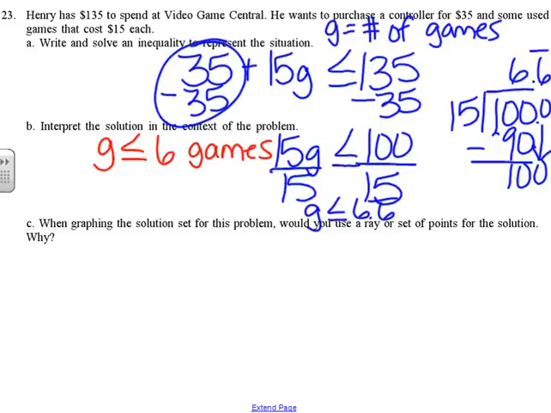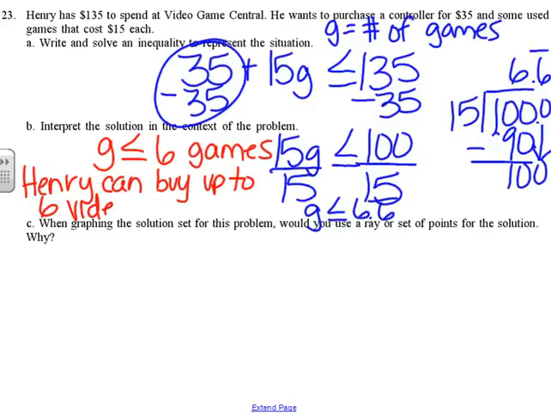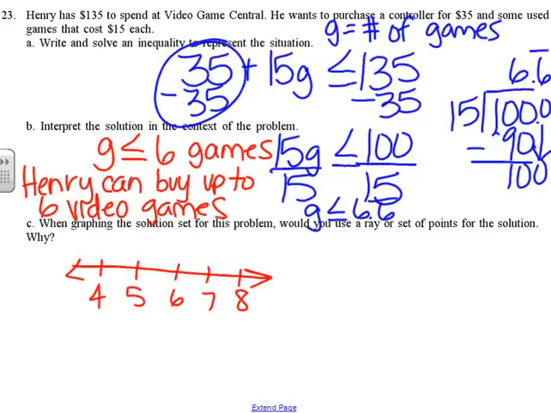So interpreting it, we would write a statement and say, Henry can buy up to 6 video games. Okay, and then for our graph, since this is a discrete function, we are going to use closed circles at everything up until 6.